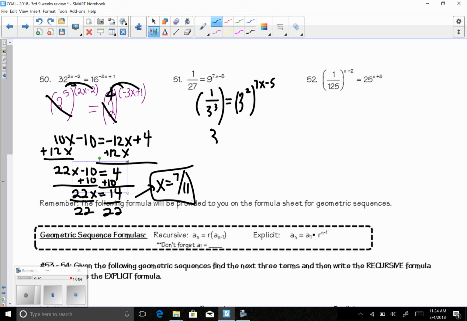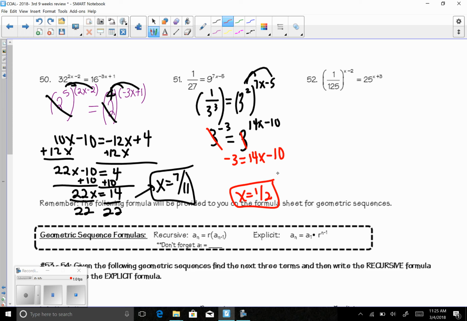That would be 3 to the negative third equals, you distribute the exponent, 3 to the 14x minus 10. Okay, bases are the same. You would drop them. Negative 3 equals 14x minus 10. And as you kept going, what you guys should have ended up getting here is x equals 1/2. I'm not going to go all the way.